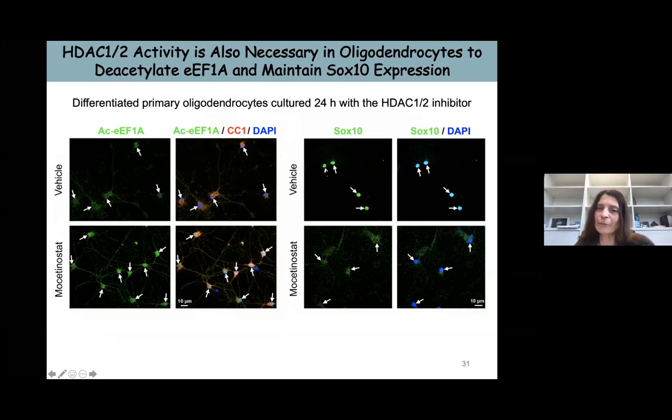And very amazingly, that was a really strong effect. We looked at the SOX10 level in the vehicle-treated cells as compared to the mocetinostat-treated cells. Basically, SOX10 is almost totally relocalized to the cytoplasm, and the levels are very low. So that's a strong correlation again in oligodendrocytes.